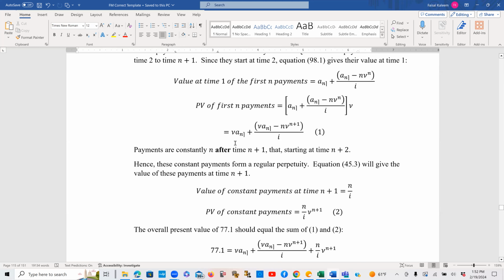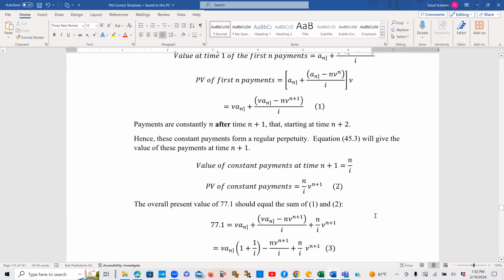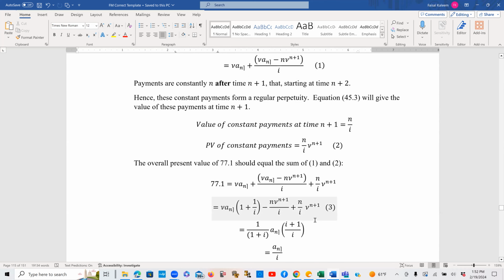So that will equal this expression, nu a_n plus nu (a_n minus n nu^n) over i, and then plus this one, n over i times nu^(n+1). And now when we factor out a nu a_n, you see this first term over here will be nu a_n, and we have a nu a_n over here.